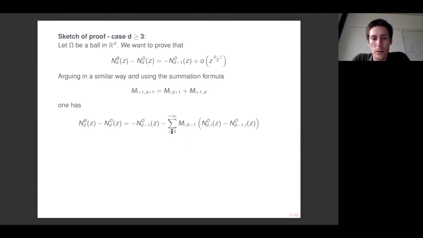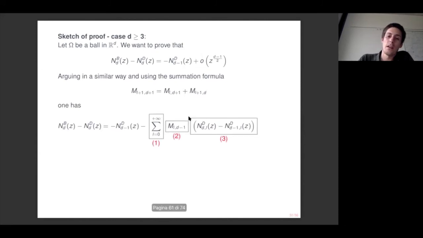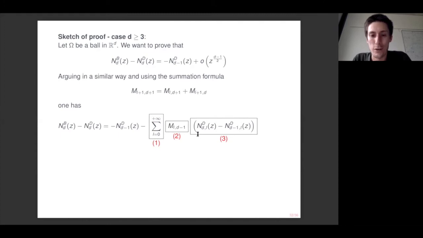And so to obtain the claimed two-term expansion, one needs to show that this sum here is exactly a little o of this order. This can be done in 3 steps: seeing where this sum stops, estimating the multiplicities, and estimating the difference between these two counting functions.